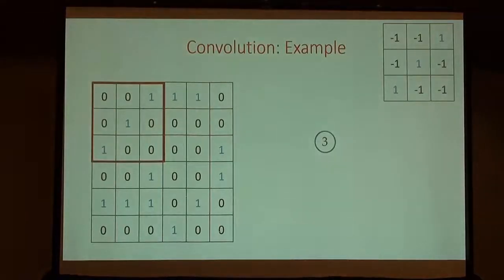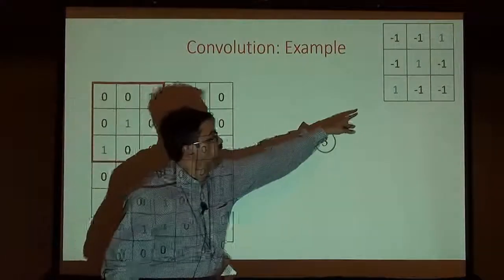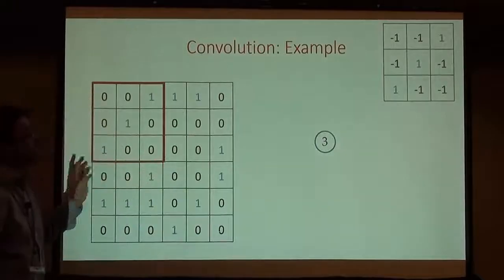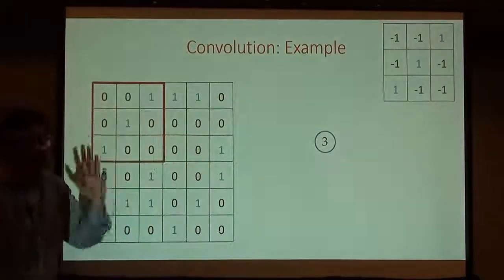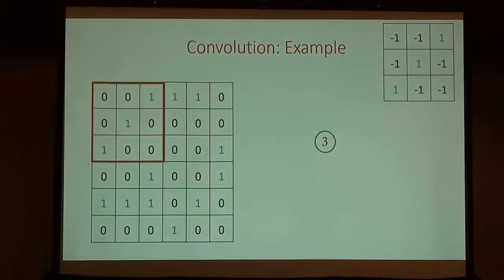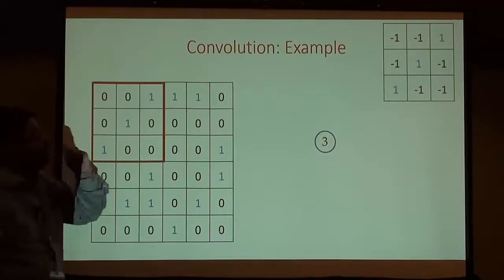Okay. So if you convolve this with this part, what does it mean? It means element-wise multiplication and addition. That's all that it means. Okay. So I do not believe that that's the formal definition of convolution, but that's how convolution is used here. Okay.